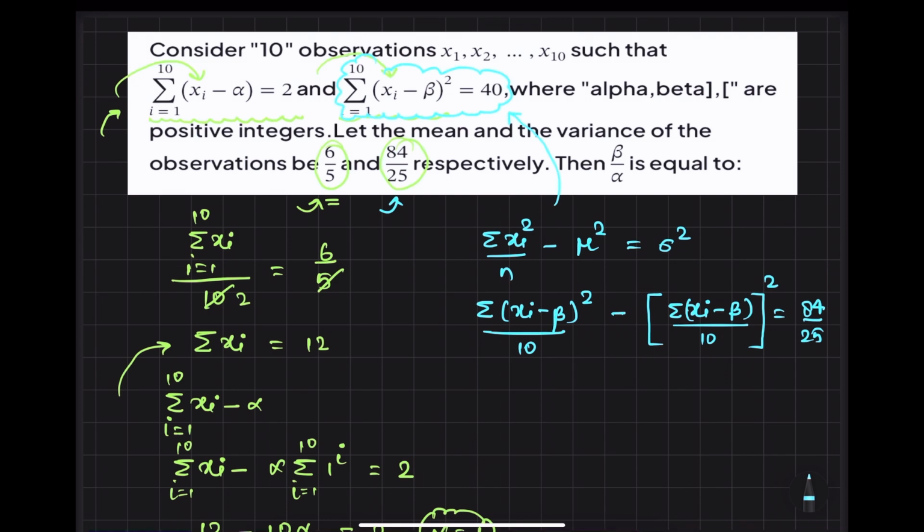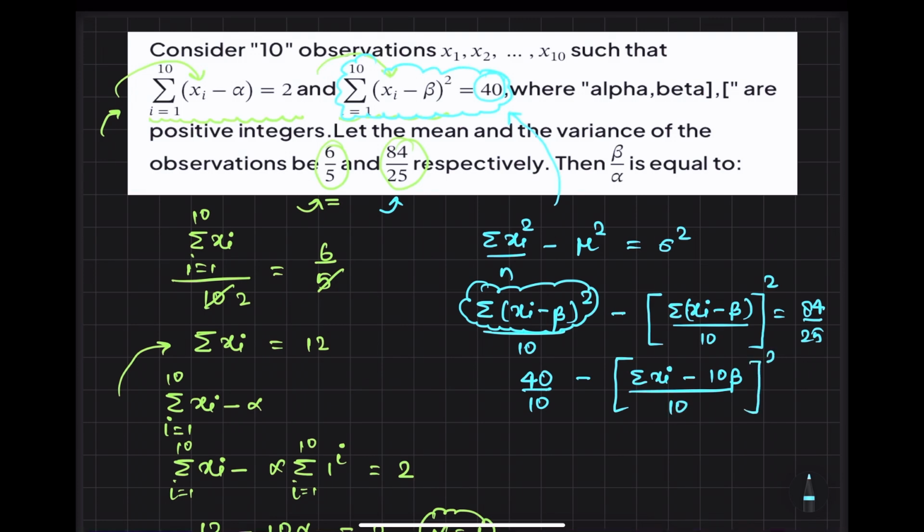Now try to understand how we will solve this part. You know that the value of the numerator is 40. So can I write 40 by 10 minus, here we will apply summation xi minus 10 beta by 10, correct?